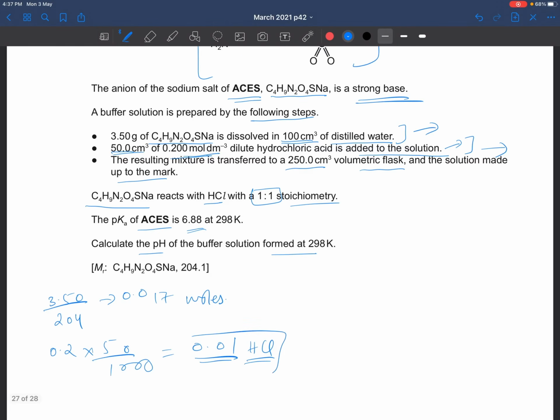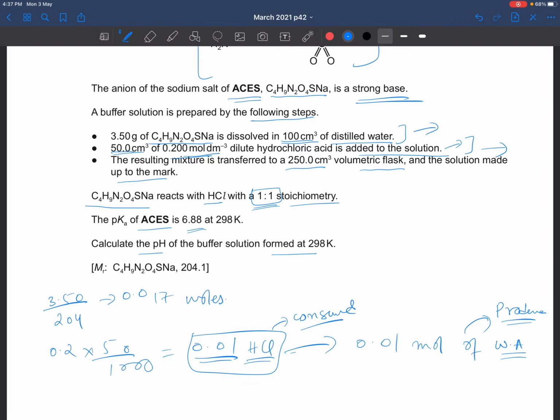And what amount of weak acid would we get? We have 0.01 moles of HCl, and the HCl is in 1:1 ratio with the salt. So we get 0.01 moles of weak acid. If 0.01 moles of HCl is consumed, we get 0.01 moles of weak acid produced.